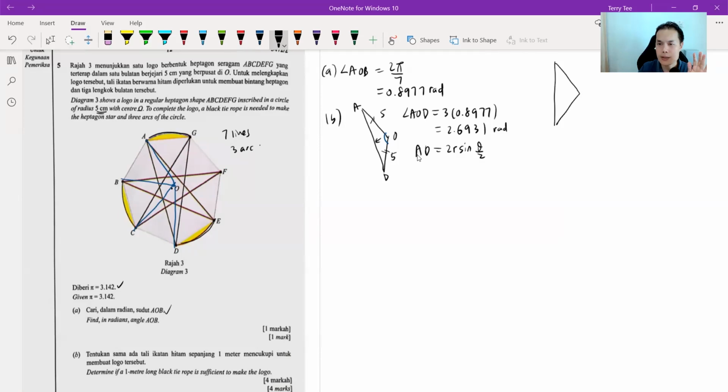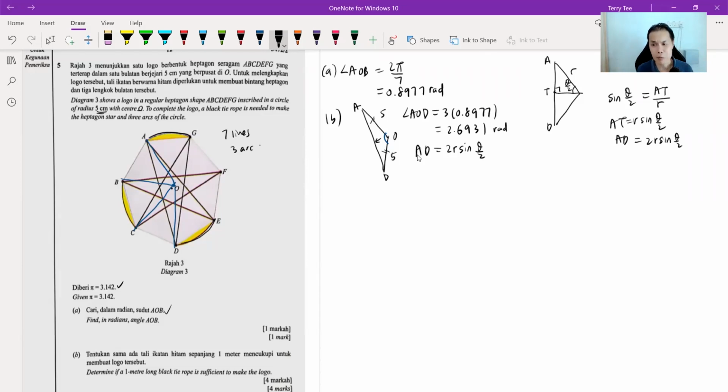The whole thing is theta. Half of it is theta over 2. Let's say this is AD, and I put a T here, T for Terry, the midpoint of AD. Then sine theta over 2 is AT divided by your radius R. So AT is R sine theta over 2. AD is 2 times AT, which is 2R sine theta over 2. You can do that.